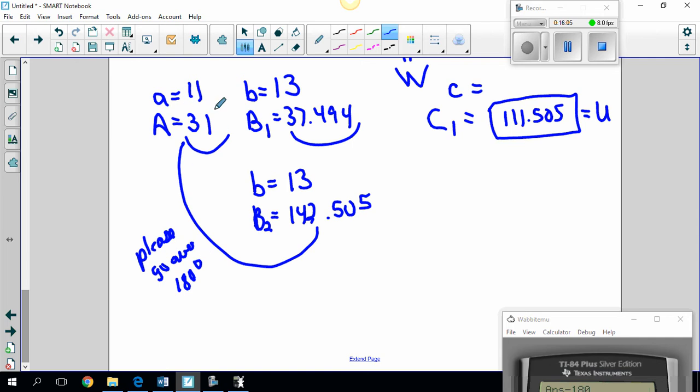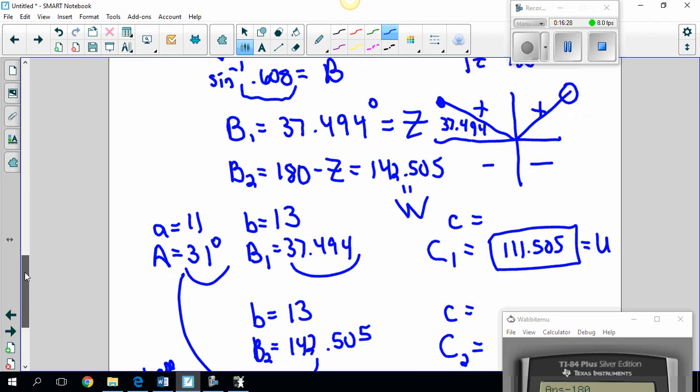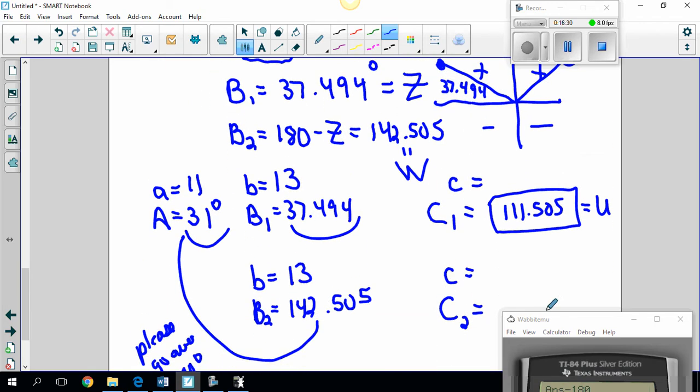Because if it does, then you don't have a triangle. Unfortunately for us, 142 and 31 doesn't go over 180, so we got this two triangle case that nobody's a fan of. So this plus this minus 180 times negative 1 equals this. So what is B2? B2 is W.